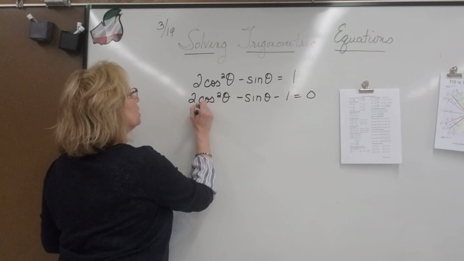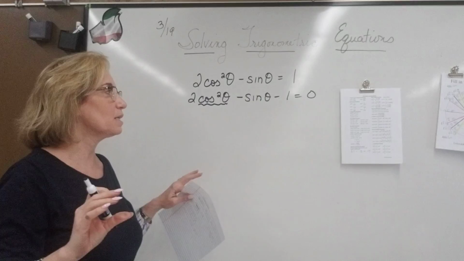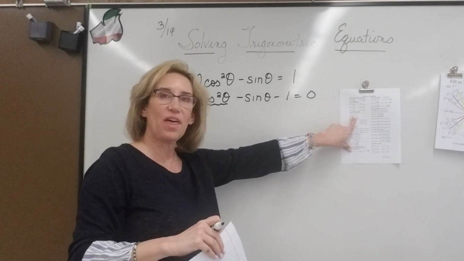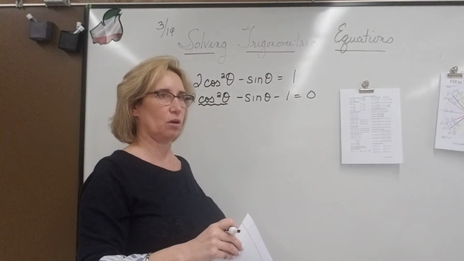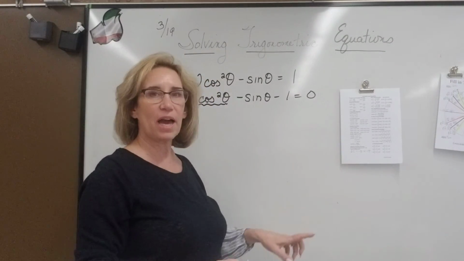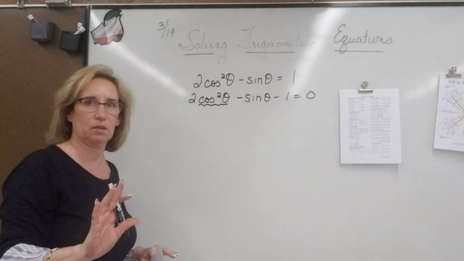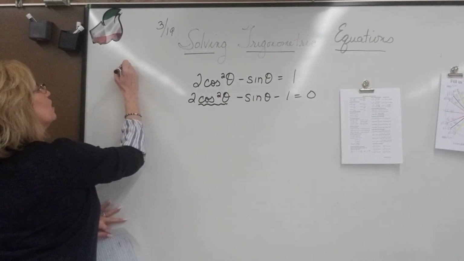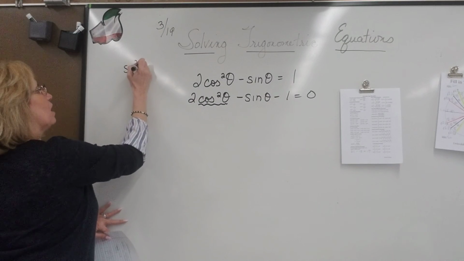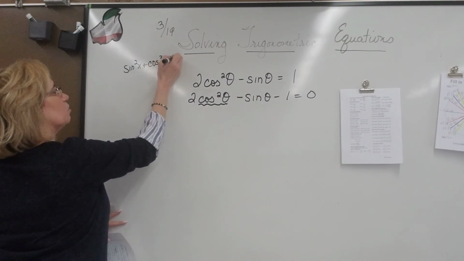Hopefully you see cosine squared theta, and bells should be going off in your head. Ding, ding, ding. That is one of the Pythagorean identities. And if things were like it was supposed to be, we're going to have a little quiz on that. But we know in the Pythagorean identities that, don't worry, I just got a little phlegm, that sine squared x plus cosine squared x equals 1.